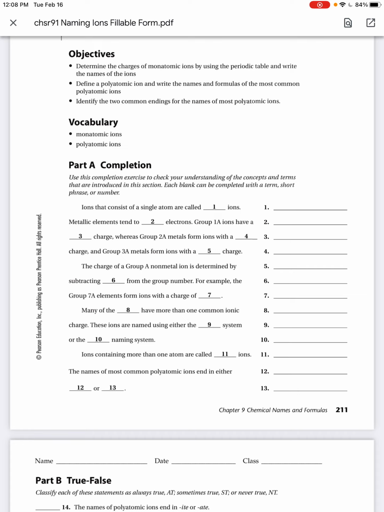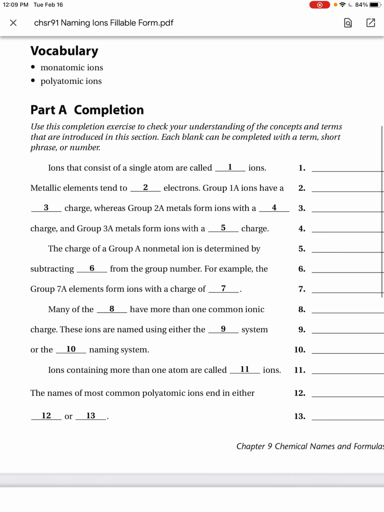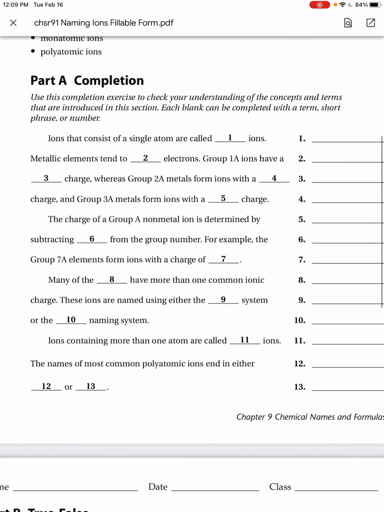And group 3A metals, and we're really talking about aluminum there, form ions with a +3 charge. That's number 5, +3. The charge of a group A nonmetal is determined by subtracting 8 from the group number. So 6 would be 8.